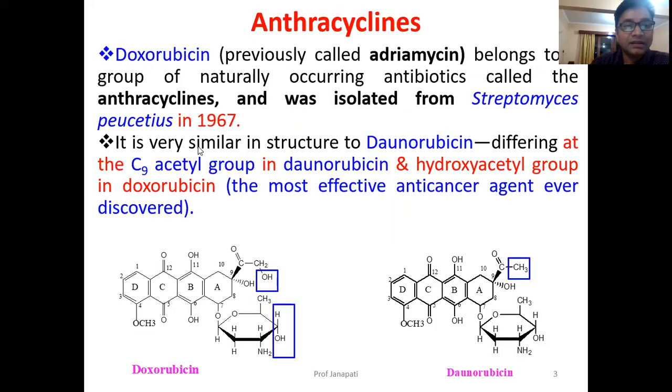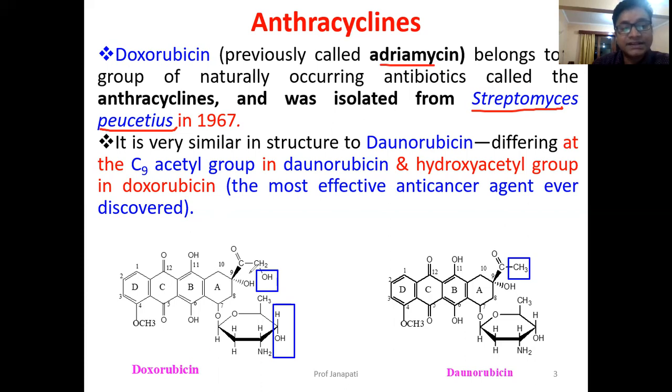Doxorubicin was previously also called adriamycin. It was obtained from microorganisms from the soil, Streptomyces peucetius, in 1967. Now, let us see some of its derivatives which are marketed. This is doxorubicin.